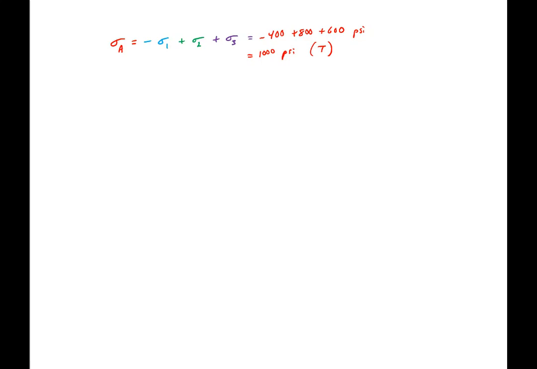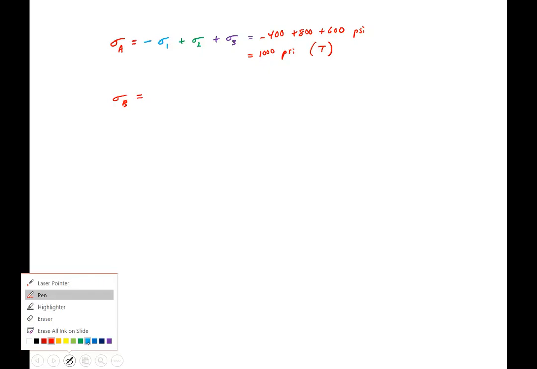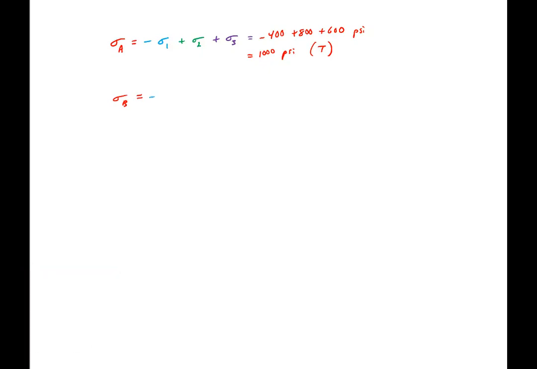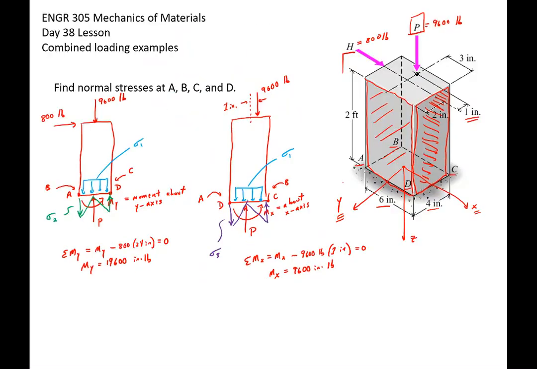All right. So let's do the other corners. Sigma B then is going to have, for sure, this minus sigma 1 because all four corners have the same compressive load. Let's take a look at what 2 and 3 are going to do to point B. So let's look at this left side over here.